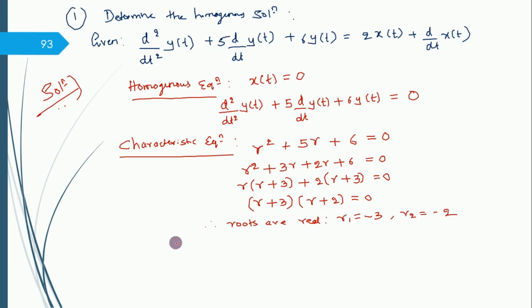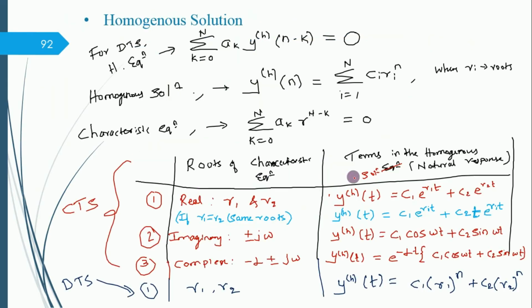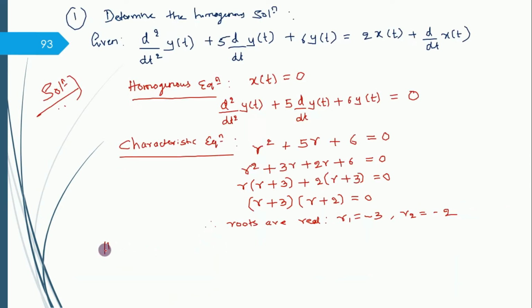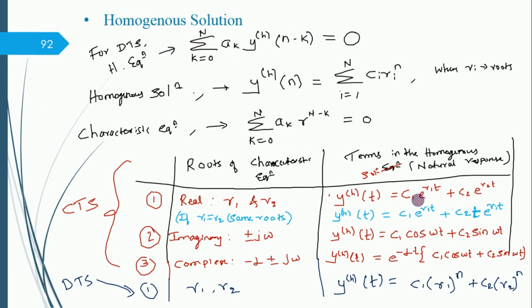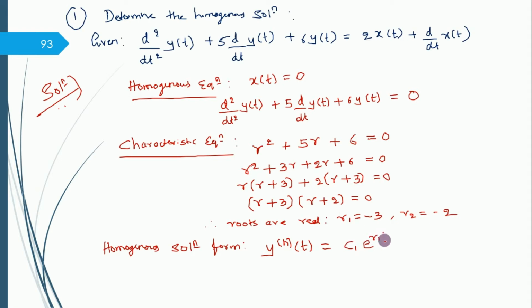So when they are real, I need to supply the homogeneous solution of the first section. These are real roots, so this one I have to write. Which form will the homogeneous solution be? It will be yH of t equal to C1 e raised to r1t plus C2 e raised to r2t.